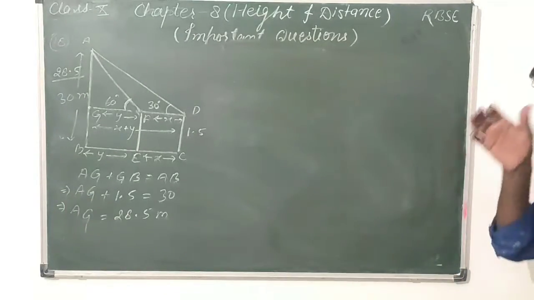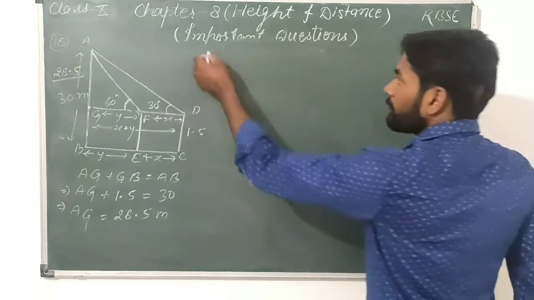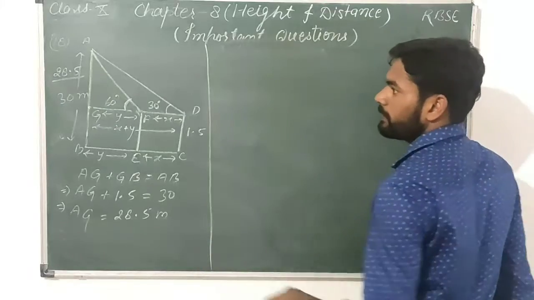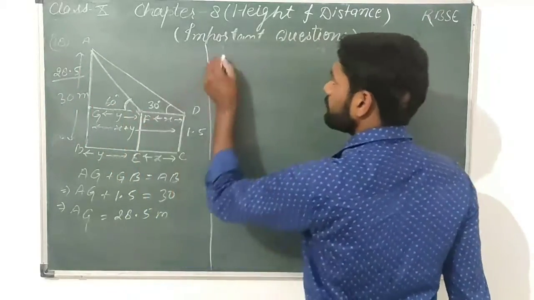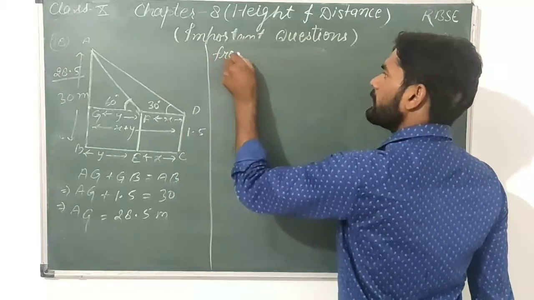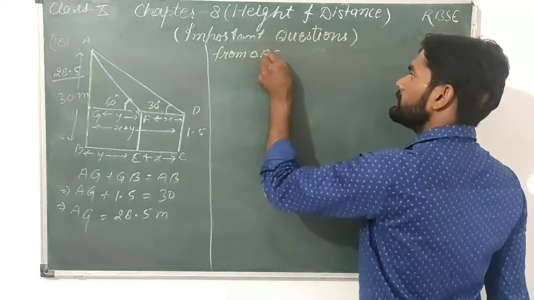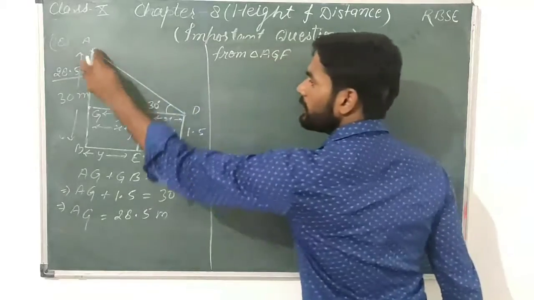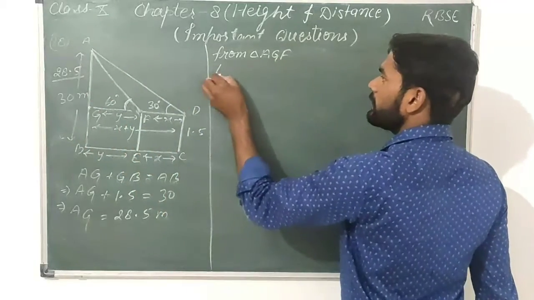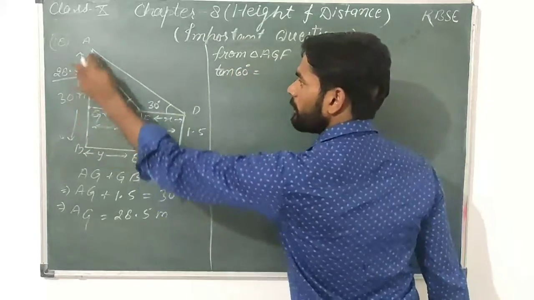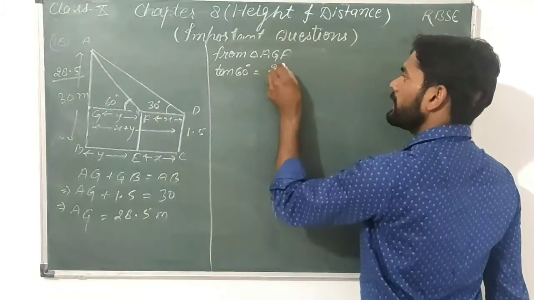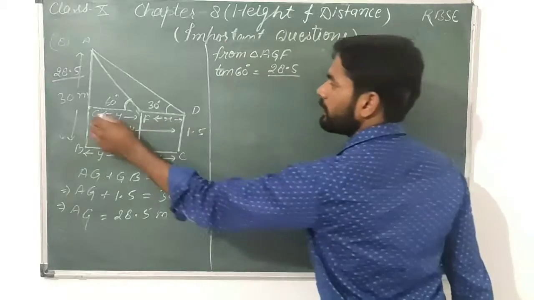Now select the triangle one by one. First of all, from triangle AGF, tan 60 degree is equal to perpendicular 28.5 upon base, which is y.